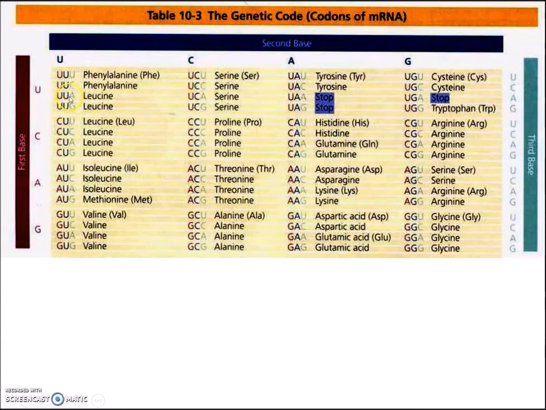If you take a look at leucine, there's 6 different combinations of bases that code for leucine: UUA, UUG, CUU, CUC, CUA, CUG. Any of those 6 would code for the amino acid leucine in the protein that is eventually to be assembled.